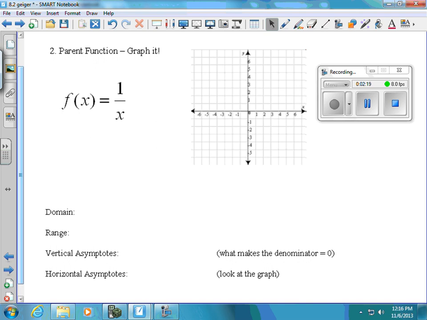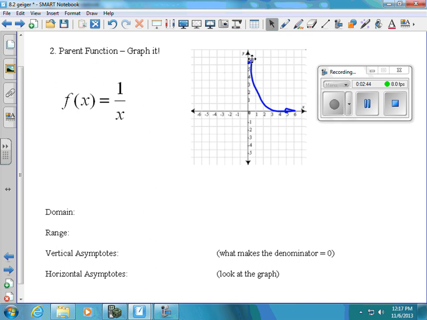Basically, the parent function of a rational function is 1 over x. It's the most basic. We were close to it on the last slide, 5 over x, 1 over x. It's the most basic form of a rational function that still keeps it a rational function. When we graph a rational function, the parent function is going to look something like this.